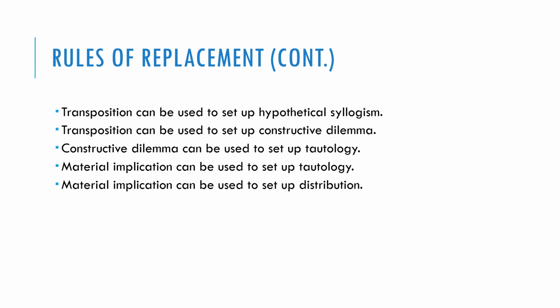Other things to think about are the ideas of transposition. It can be used to set up a hypothetical syllogism and constructive dilemma, and how a constructive dilemma and material implication can be used to set up tautologies. Lastly, material implication can be used to set up distribution.